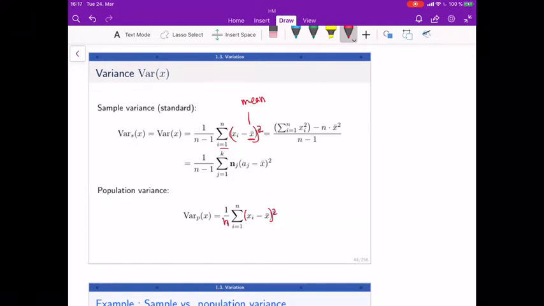The reason is, if you've got all the data there is, like a complete set of data, like all the marks in one class, and you just want to calculate the variance of your students, then you use n. That's kind of the normalizing number.